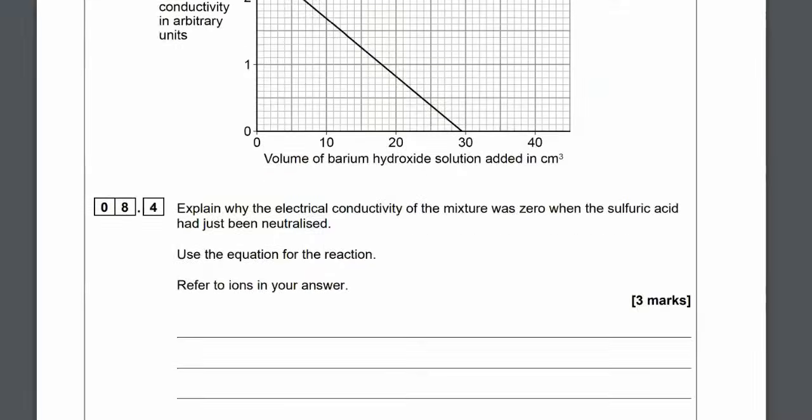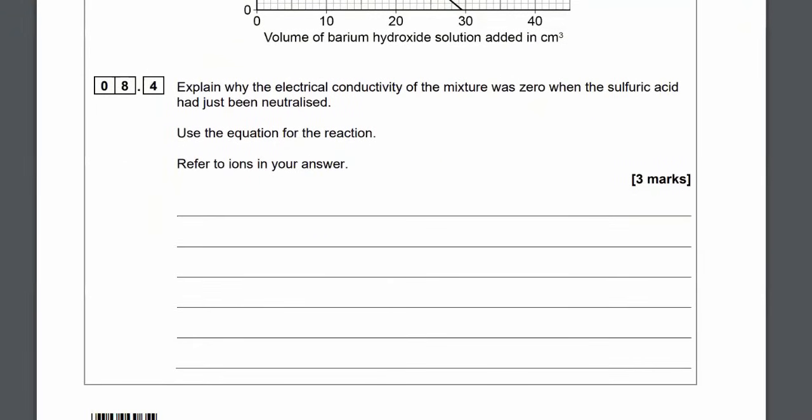Right. Let's get on it and write this answer down. So refer to ions. Basically, barium sulfate is a solid, no free ions able to move. So basically, it doesn't have any ions that can move. If it was melted barium sulfate, that's a different story. The ions would be free to move and carry charge. However, not here.